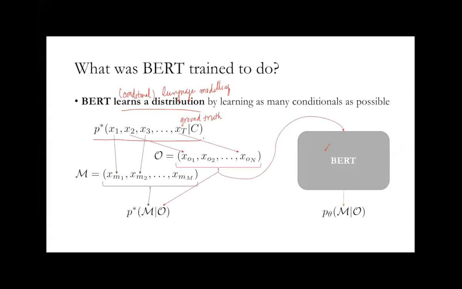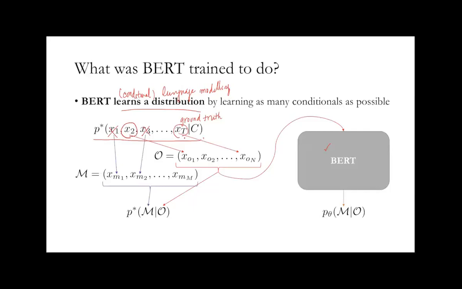What BERT does is take as input a small number of observed words. Given a sentence, BERT is going to mask out a lot of the words, so we're left with only some of the words in the sentence.